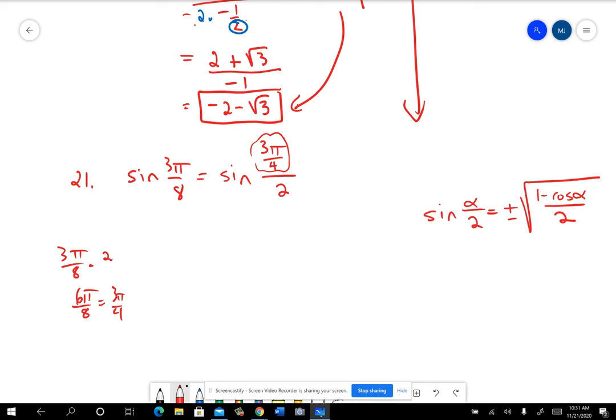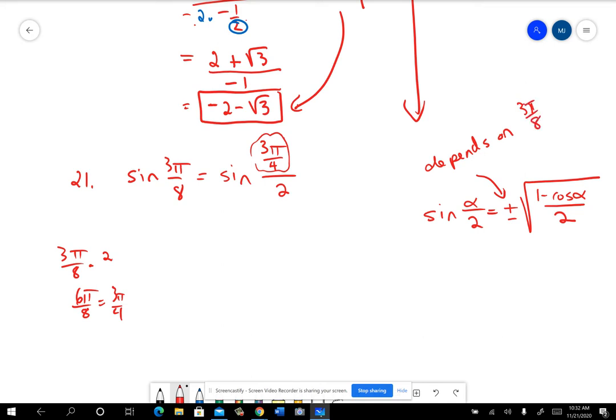Okay, and plus or minus doesn't mean that you keep the plus or minus in there. You just have to decide whether it's the plus or the minus. And the decision about which of these depends on the original angle, the 3 pi over 8, okay?